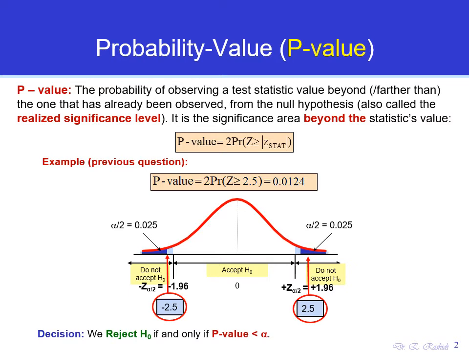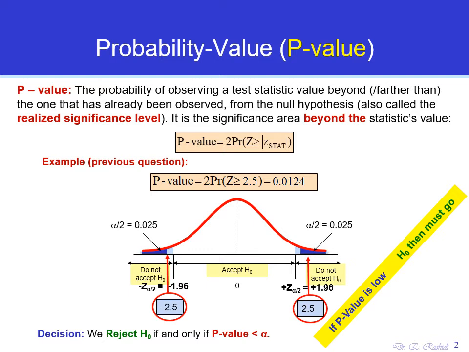So we reject H naught if and only if the p-value is less than alpha, the significance level. To help you memorize this, what should you do with a p-value? If the p-value is low, H naught must go. This little poem can help you memorize what you should do with the p-value.